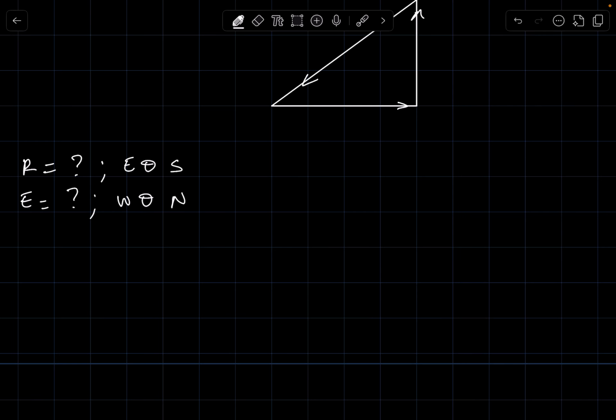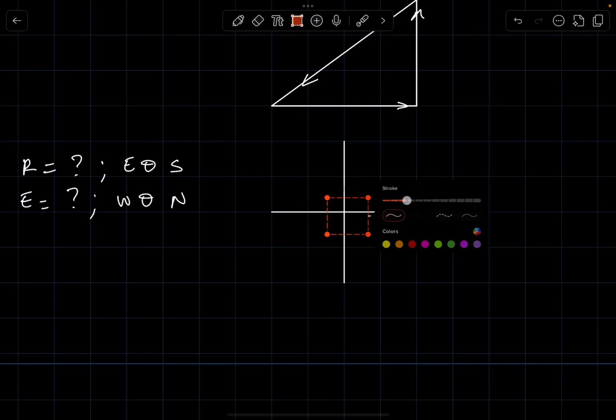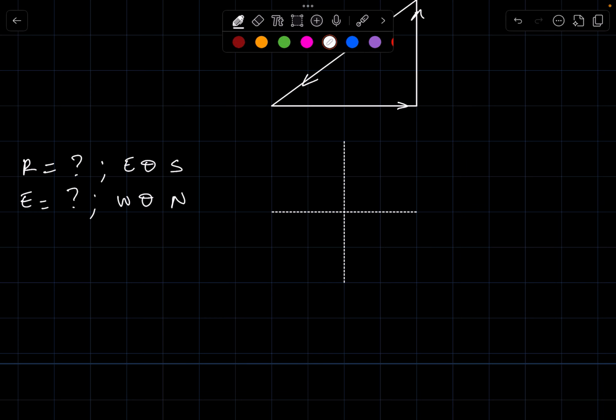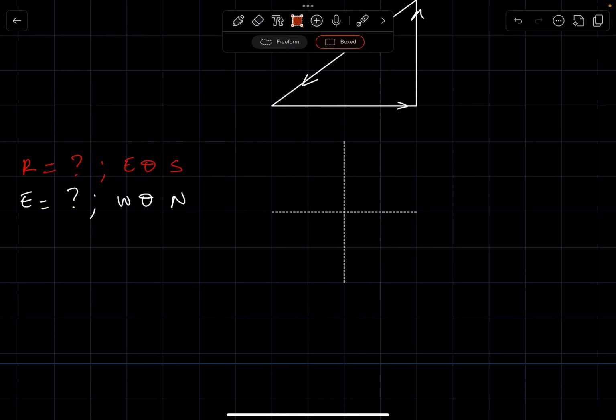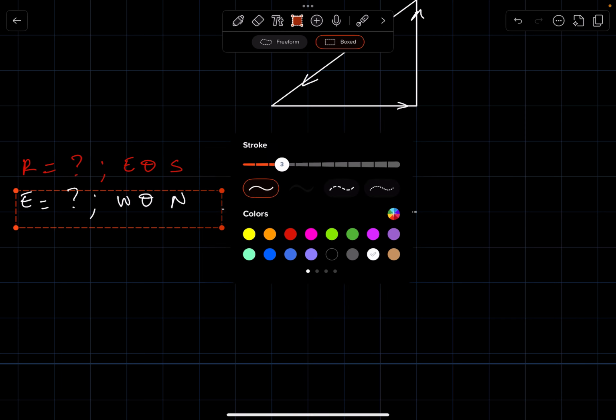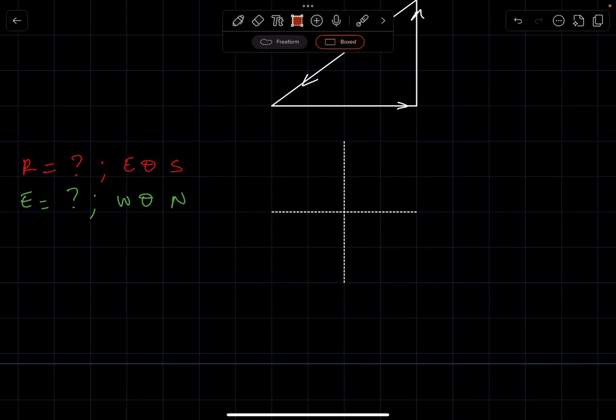Right? So if we were to show a schematic illustration of this, let's say the red represents the resultant and the green represents the equilibrant.